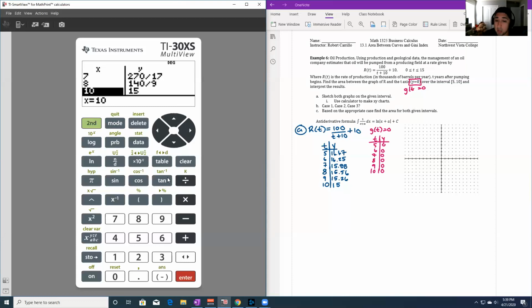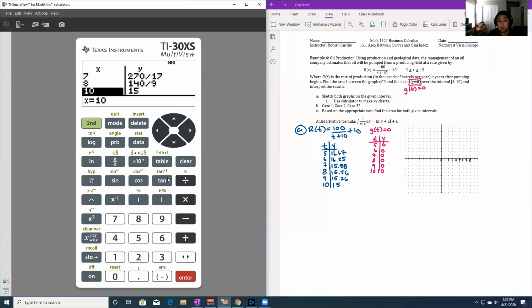Okay, let's make our graph appropriate. We're using 5 to 10. So let me write my graph. I have 0, 1, 2, 3, 4, 5, 6, 7, 8, 9, 10. The largest I go up to is 16.67.